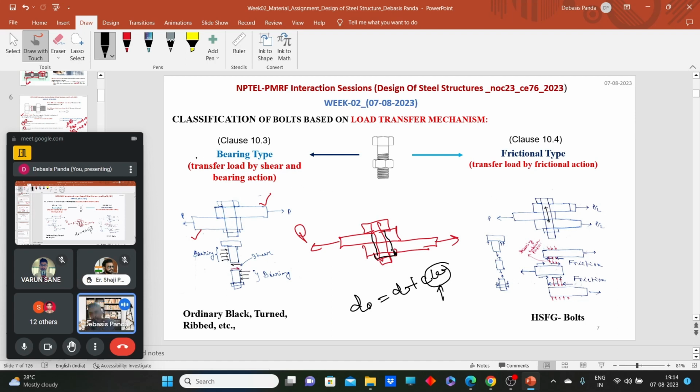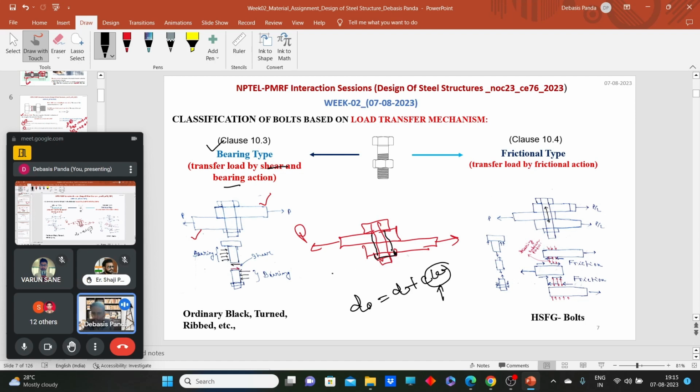Now in bearing type bolts, the load transfer mechanism happens using shear and bearing action. I will explain in detail why I am saying shearing and bearing action. Through that shearing and bearing action, the bearing type bolts transfer the loads. Now think, I have made the joint here.